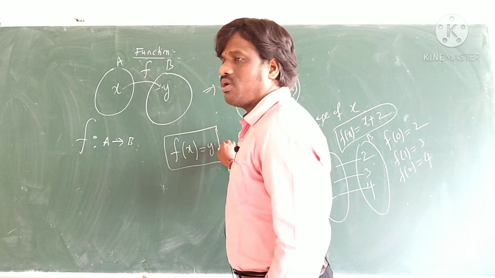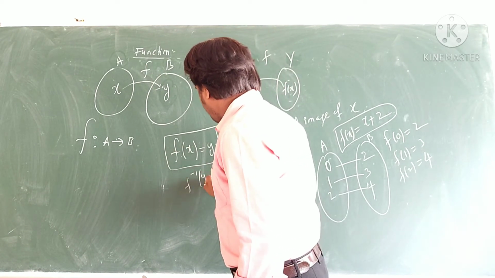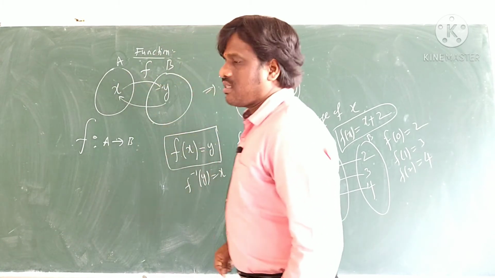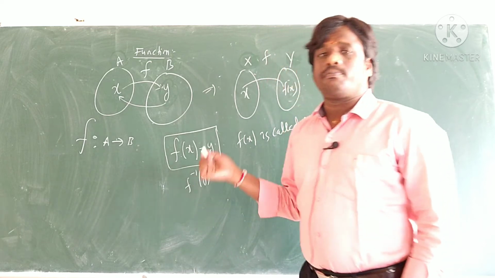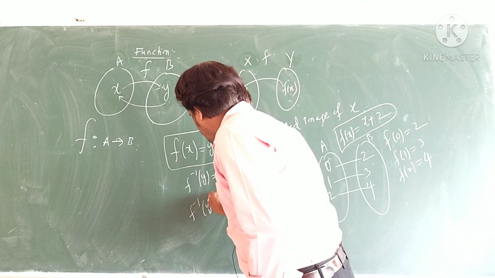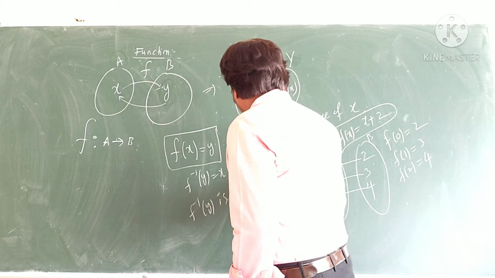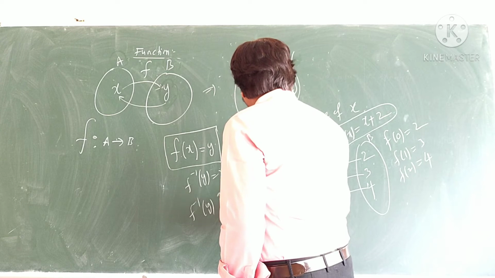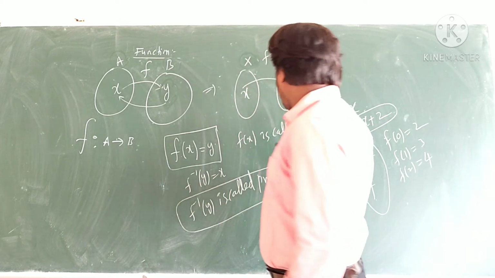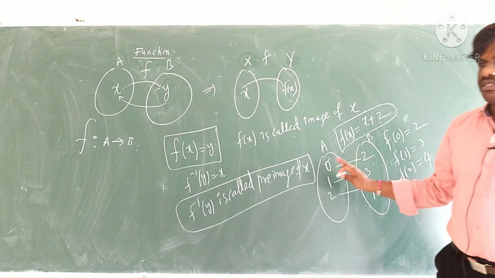If f of x is equal to y and f inverse of y is equal to x, then f inverse of y is called the pre-image of x. Did you understand the point?